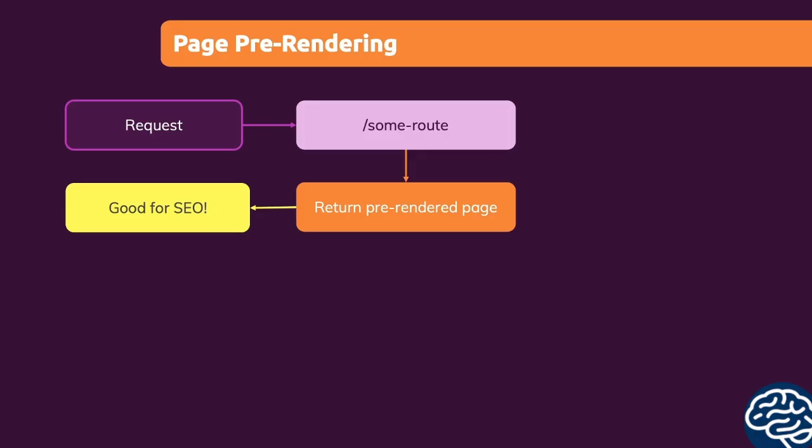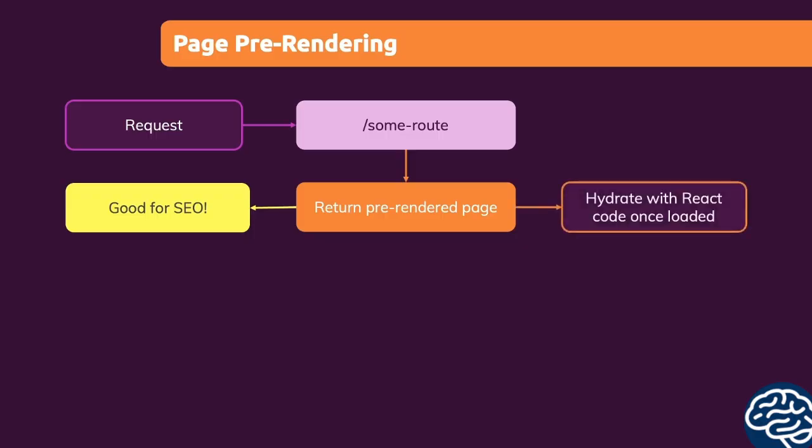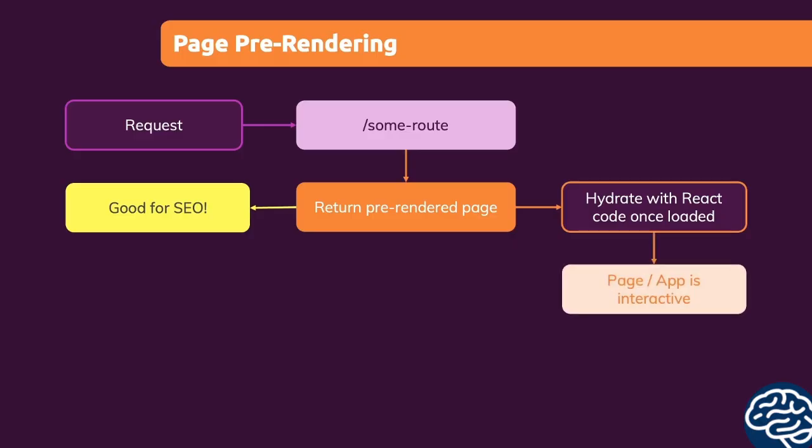And therefore, Next.js will not just send back this pre-rendered page, but it will also send back all the JavaScript code that belongs to it. And it will do something which is called hydrating that page. So it will send back that JavaScript code, and that code will then take over that pre-rendered page and again let React do its job. That is great because now we have an interactive page or app.